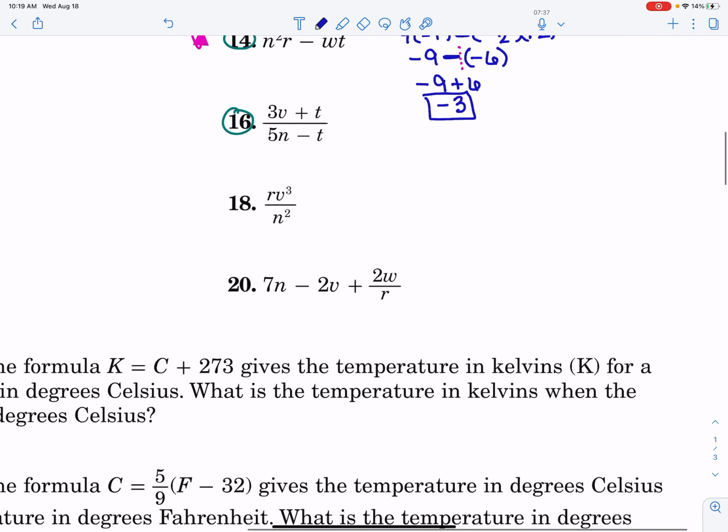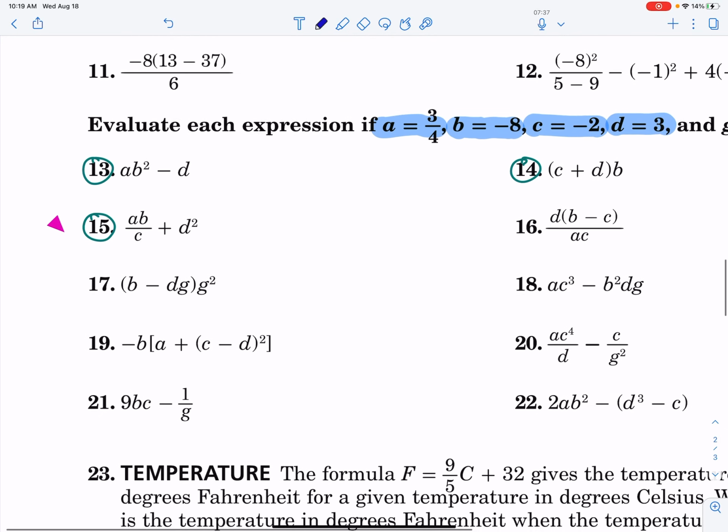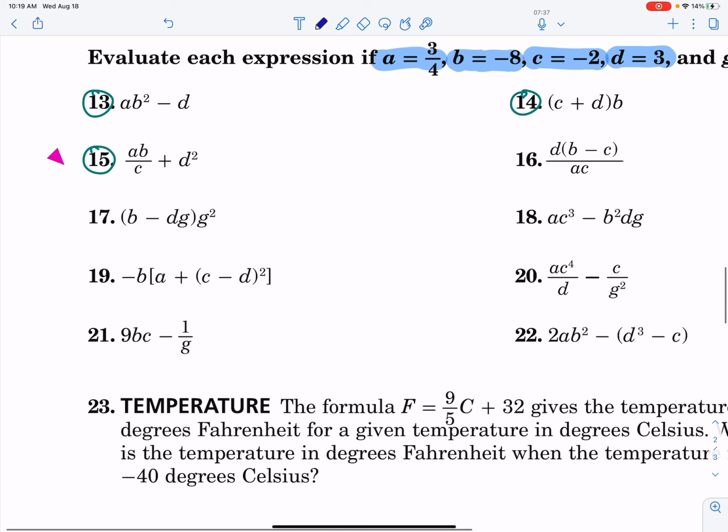All right, next one on the back side of your worksheet, I'm going to go ahead and do number 15. Okay. Still evaluating that expression. So we've got a times b all over c plus d squared.